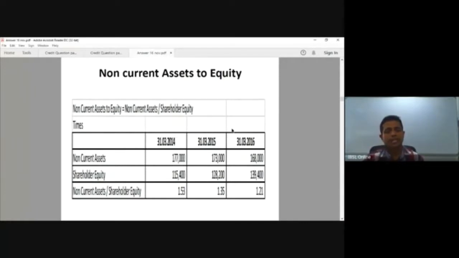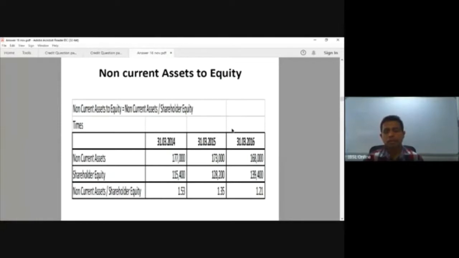Divide the non-current assets by shareholder equity. Here the focus is, compared to equity, what is your non-current assets position? If it is higher, then the better it is.